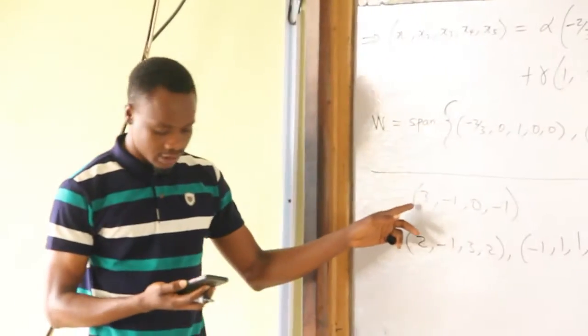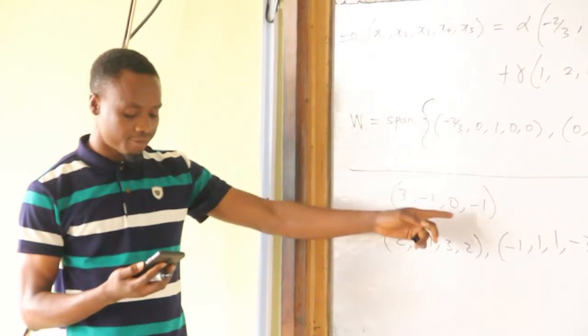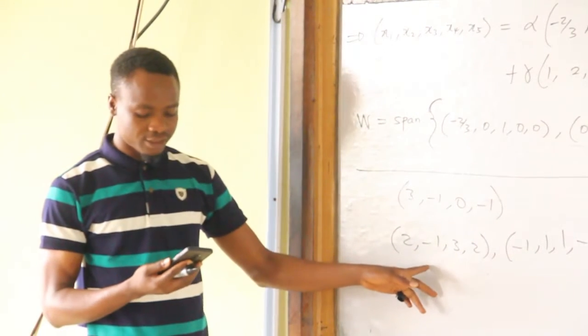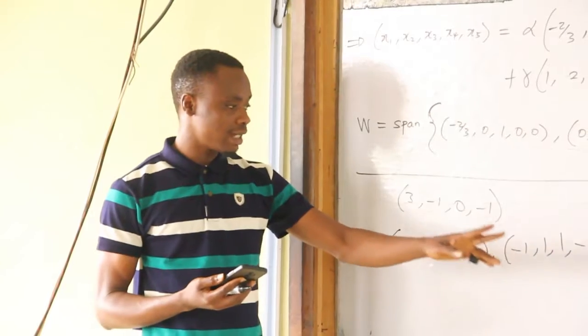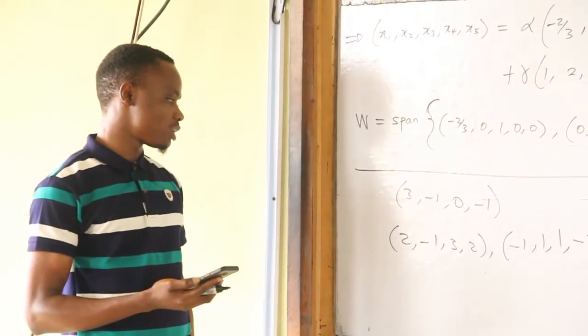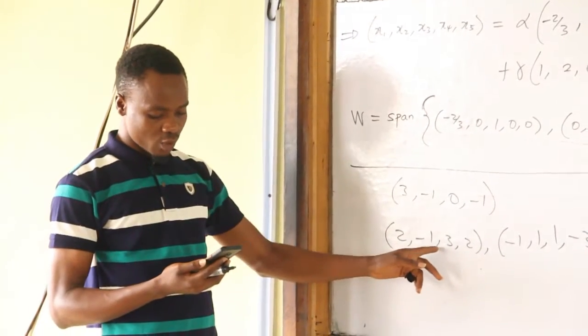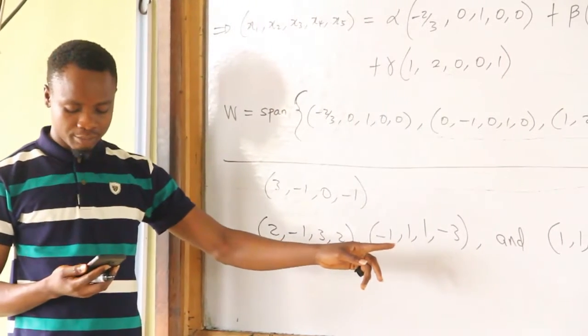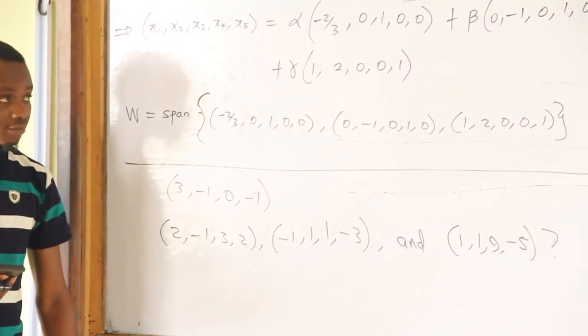Is the vector this in the subspace of R4 spanned by the vectors this, this, and that? That's the question.